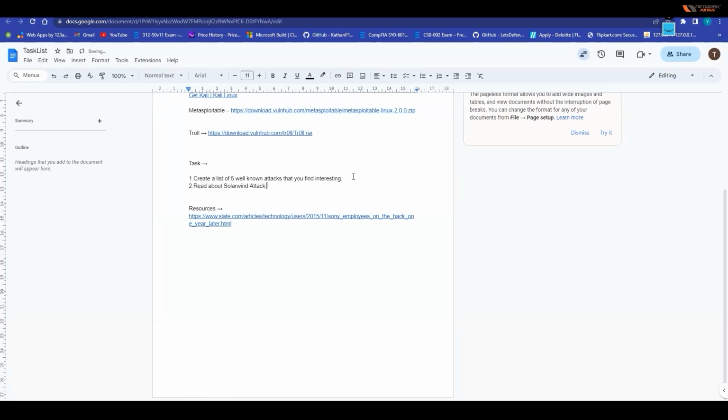Why? Because this attack was on a security organization. If you attack someone who is providing you security, that is again a very big thing. It took place in December 2020 or 2021. Again, a very good attack to read about.